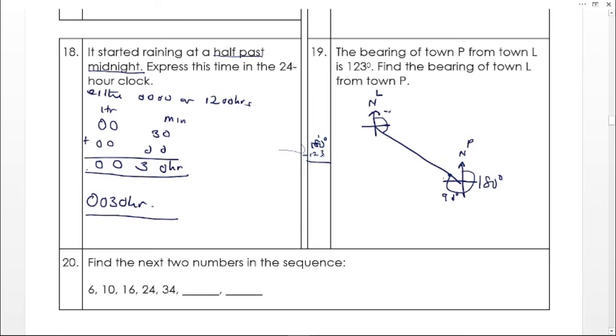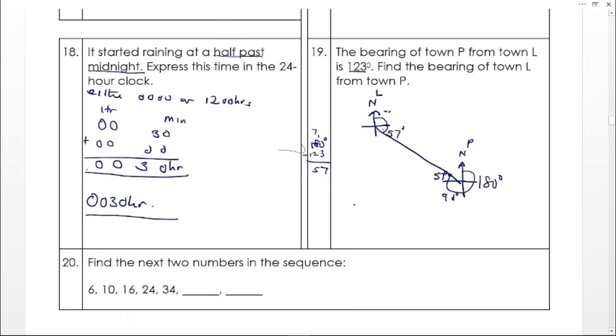Then we regroup. This is a 10. We remain with a 7. This was a 7, we remain with a 5. Meaning that only here it is 57. When you add on 90, that's when you make the full 123. Now when you look at this and this, they are alternating angles, meaning that even here we have 57 degrees. Now when you make an about turn, it's going to be 180 plus this 90, then plus this 57.